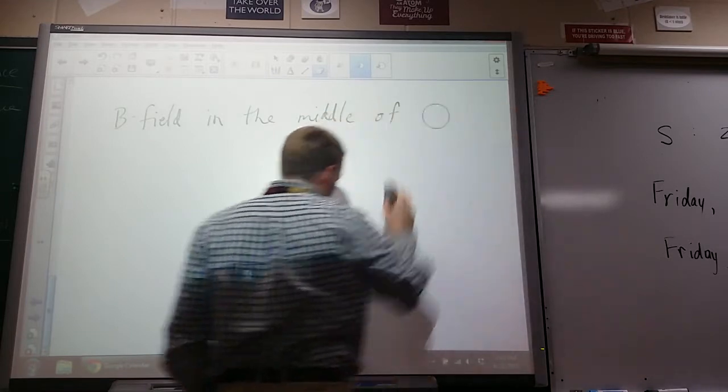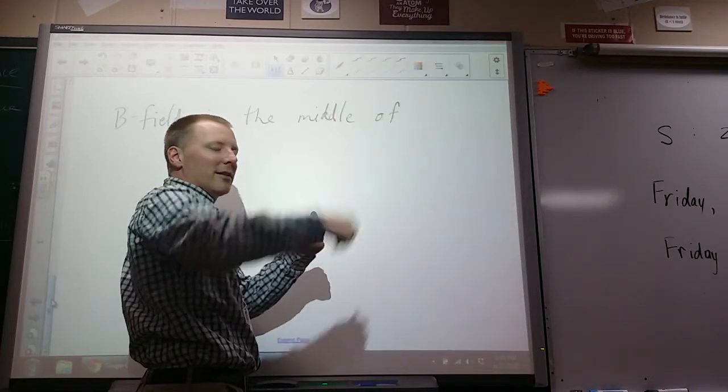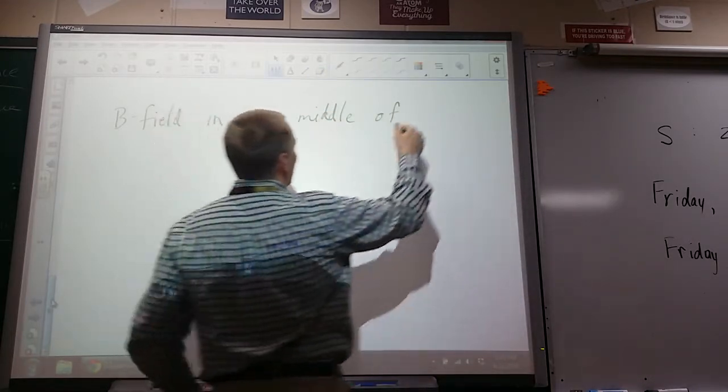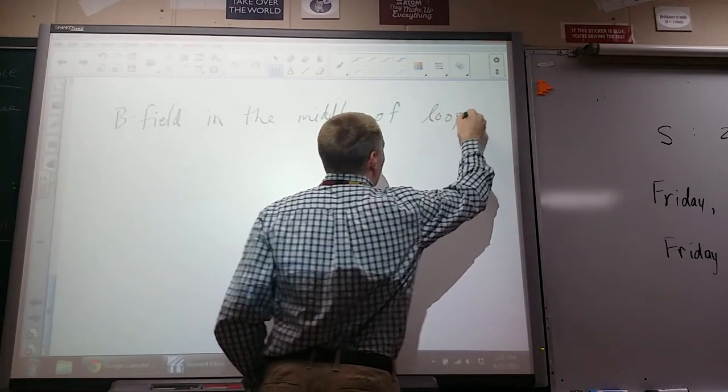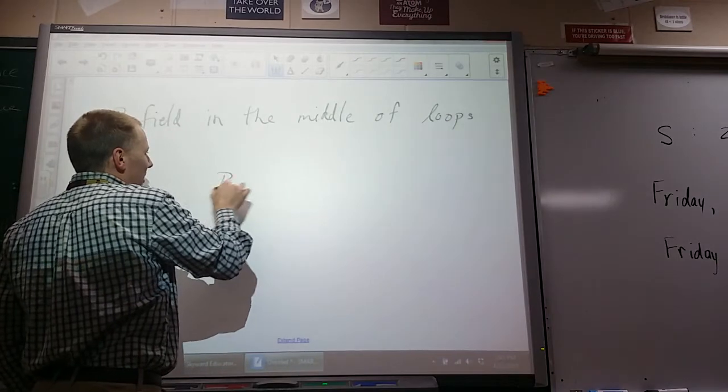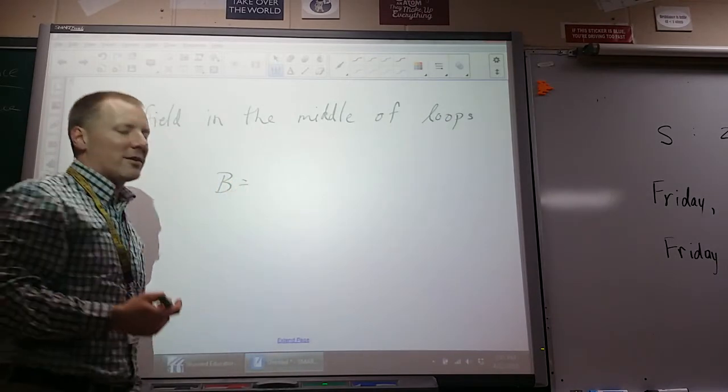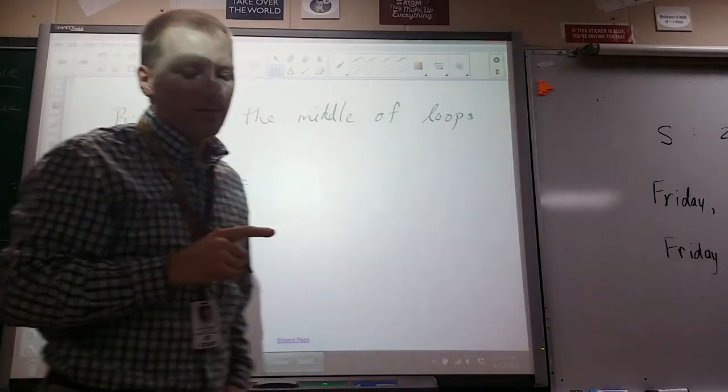Now if you take that wire and you start coiling it in a loop, we know that it gets a lot stronger going straight through the middle. Of course you could measure this, but you could also use calculus, which we won't.